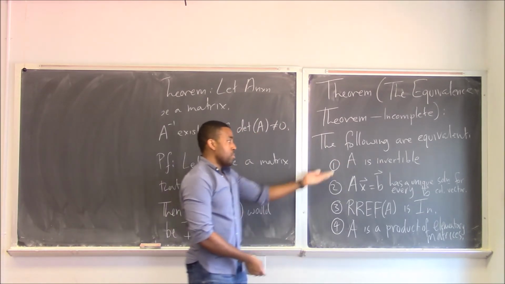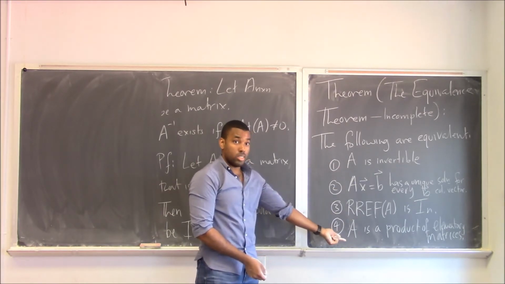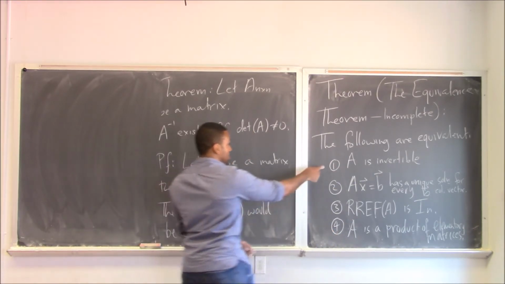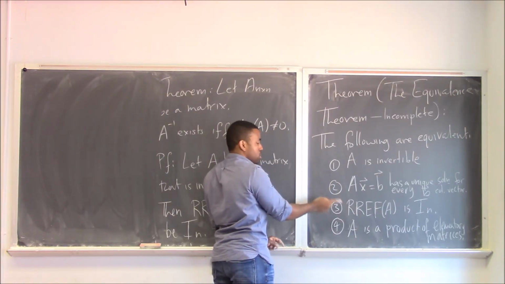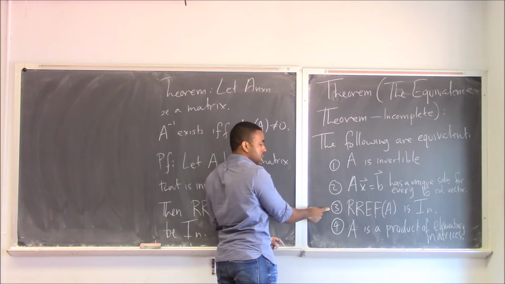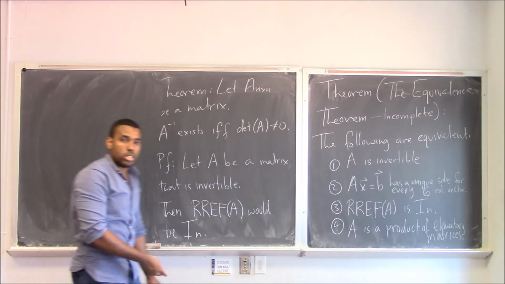And if you know it's not invertible, you automatically know all these other things are false. So if it's not invertible, your system will not have a unique solution. If it's not invertible, you will reduce to something that's not the identity. If it's not invertible, you cannot write it as a product of elementary matrices, etc.